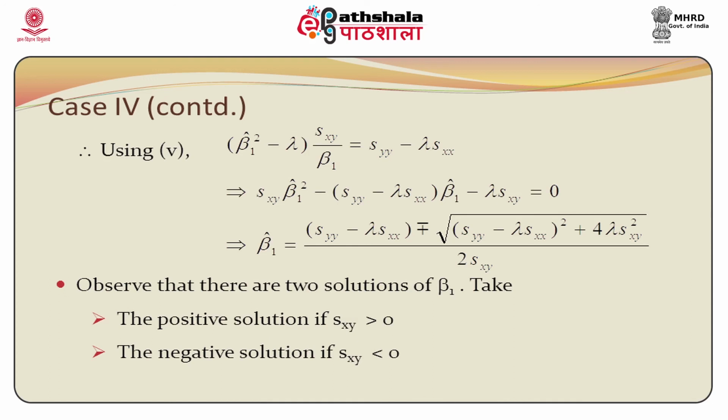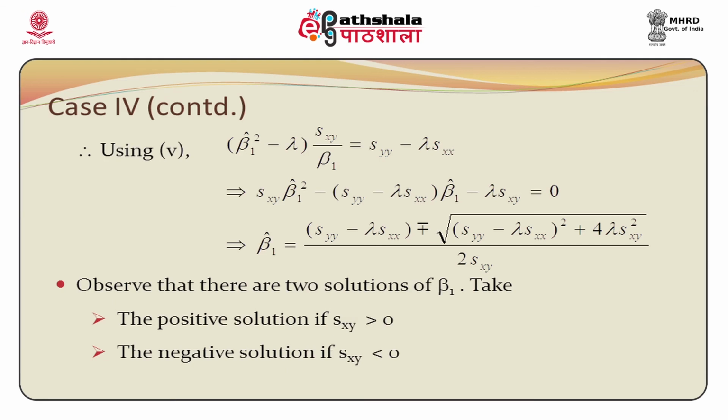But if y is increasing with x, covariance s x y would be positive. If it is inversely related, then s x y is going to be negative, and we have the s x y value. So, if s x y is positive, take the positive solution of beta 1. If s x y is negative, take the negative solution of beta 1, and that would be the one that you should be using.